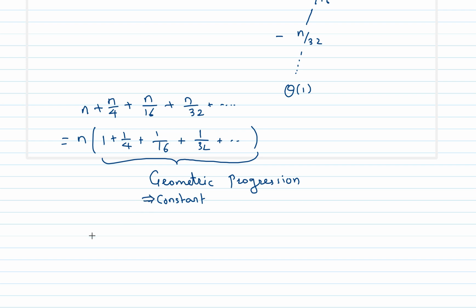So we will have n into some constant c, and we have got the term n. That is how we find the complexity of the given recurrence relation using the recursion tree.